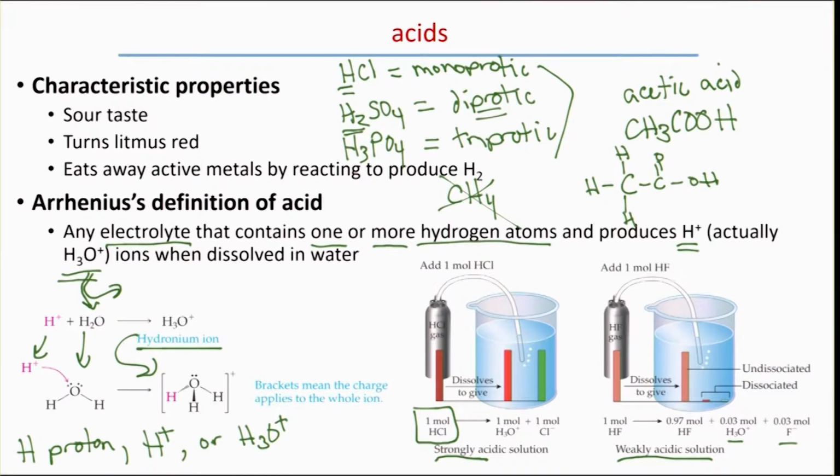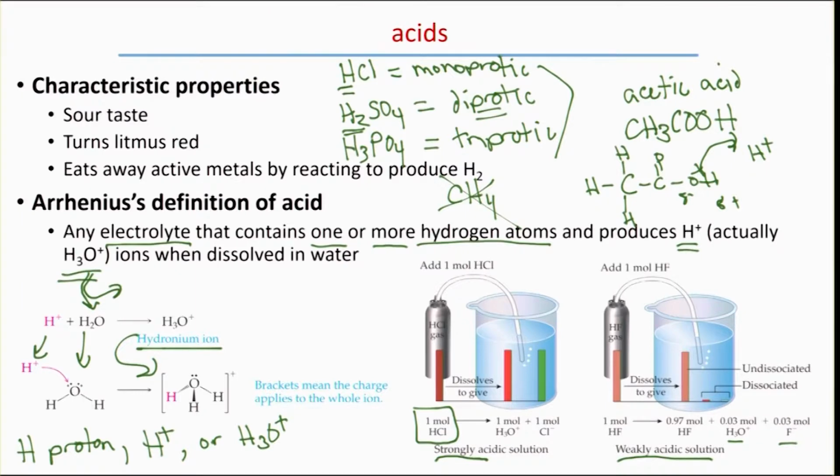The oxygen's going to be partial negative, the hydrogen's going to be partial positive, allowing this bond to be broken, and you can then pull off this proton. So even though CH3COOH has 4 protons, this would still only be considered a monoprotic acid, since only 1 proton would be pulled off in solution. All right, that was a lot of information about that.